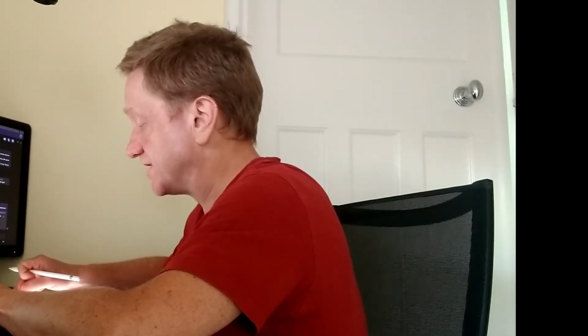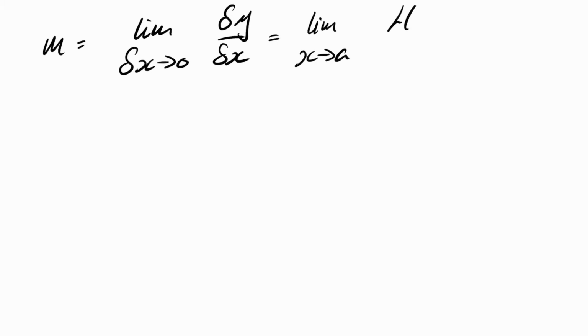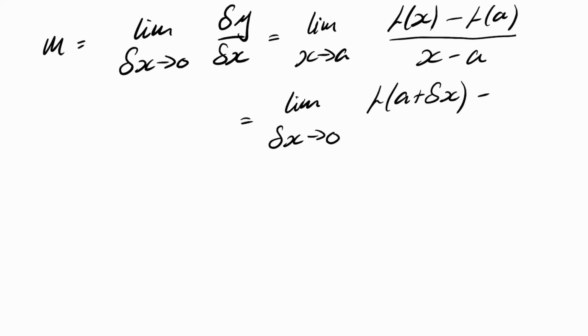So mathematically we write this as the limit as delta x tends to 0 of delta y over delta x. This is equal to the limit as x tends to a of f of x minus f of a divided by x minus a. Or alternatively, we can write this as the limit as delta x approaches 0 of f of a plus delta x minus f of a divided by delta x. Both of these are valid descriptions of a derivative.